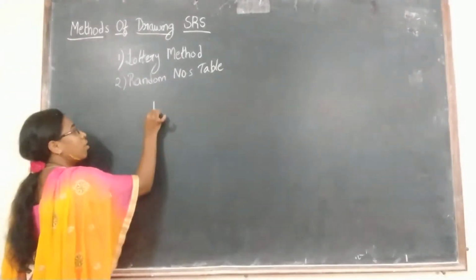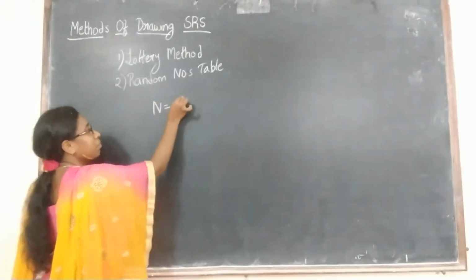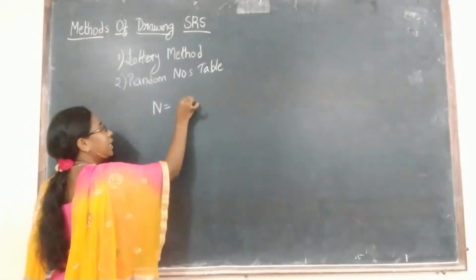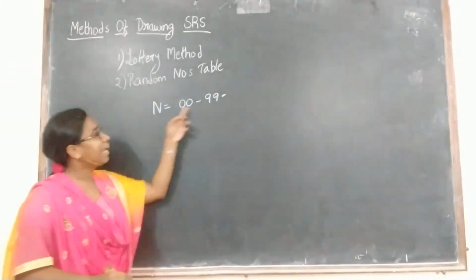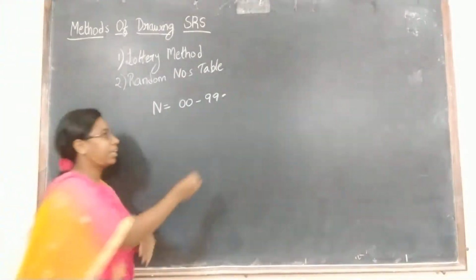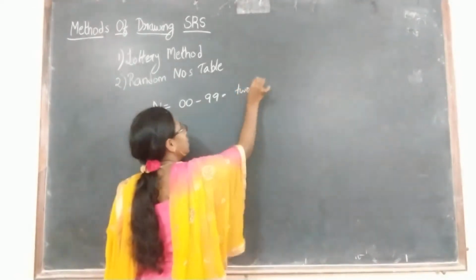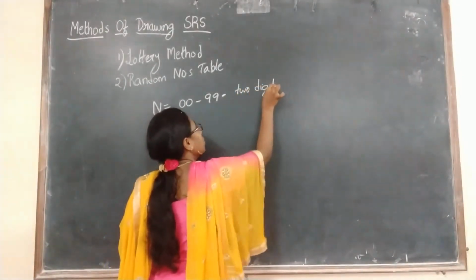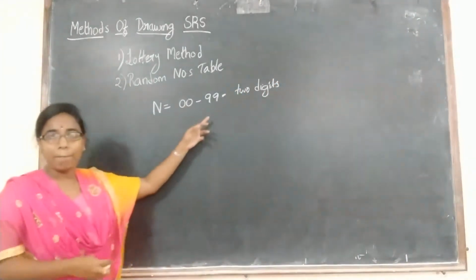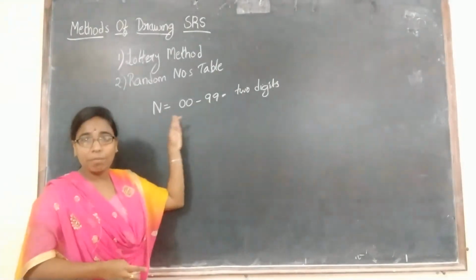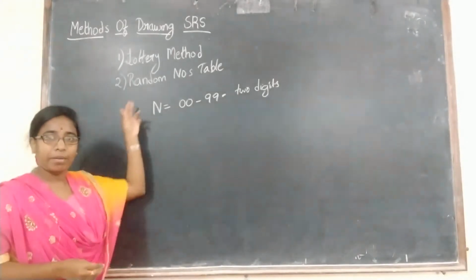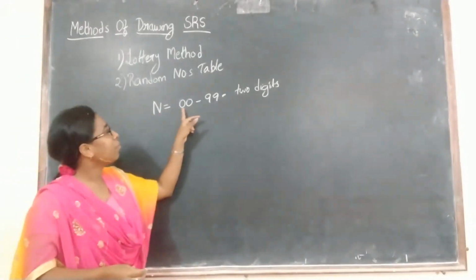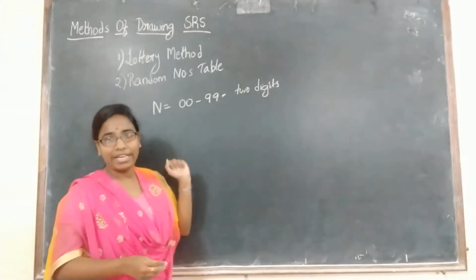Suppose your population is numbered from 00 to 99, so you have 99 units in your population. That means all are 2-digit numbers. If you want to draw a sample, you need 2-digit numbers only. So for this case, you select a random number table where the numbers are between 00 and 99.